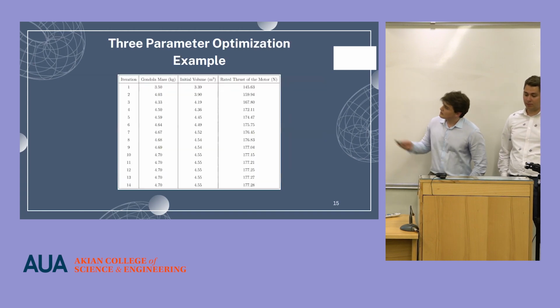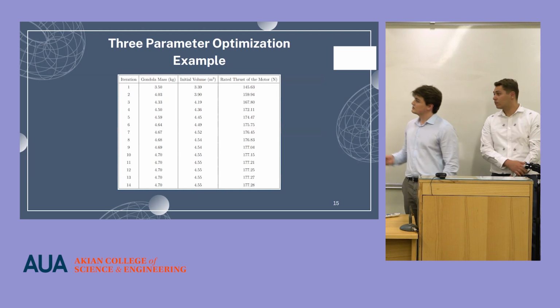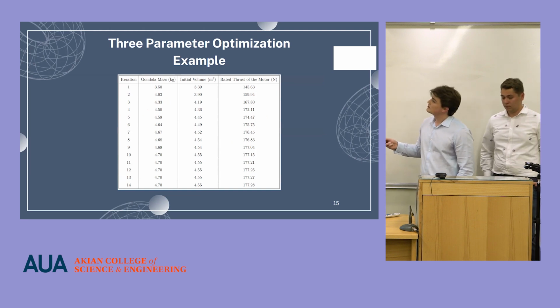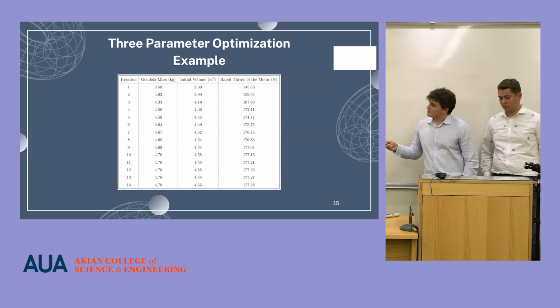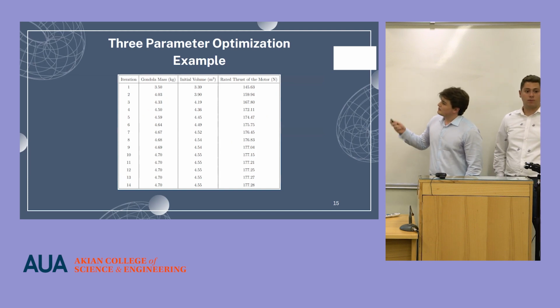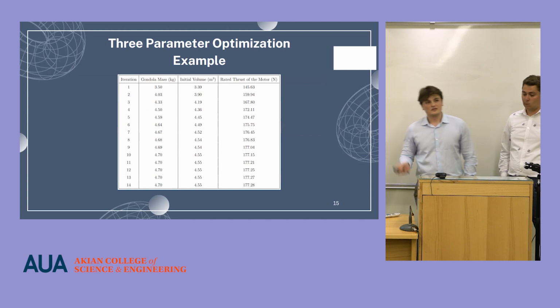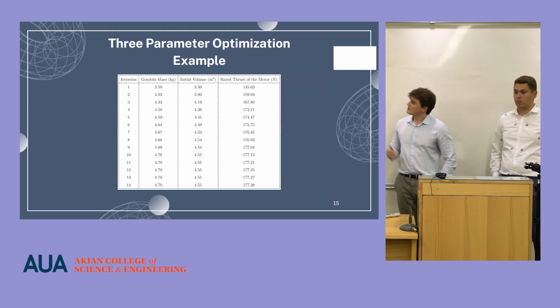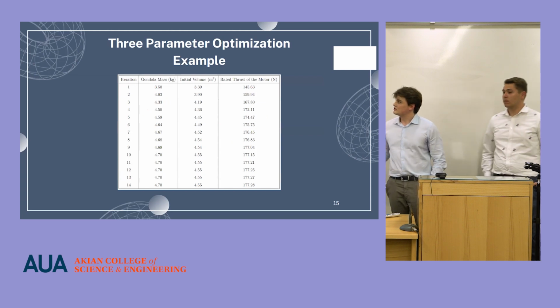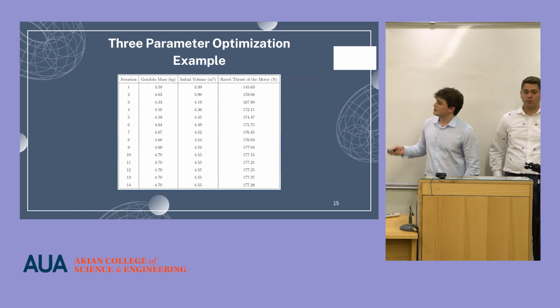Okay, so we got all three equations. Now we can start the optimization process. We start with an initial condition, which is here the gondola mass. That is fed into the initial volume of the balloon, after which we get the thrust. So this is an iterative process where each increase in the previous variable also increases the subsequent variable.